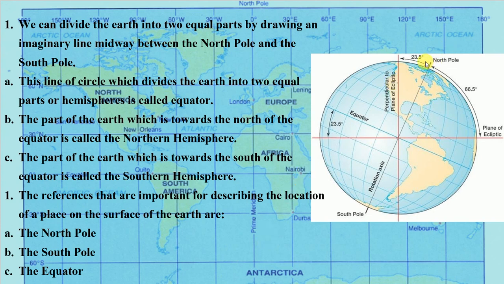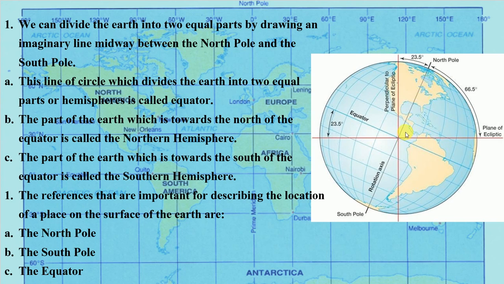If you take the north pole, you will see that the line drawn from it makes an angle with the equator, and this angle is 90 degrees. A perpendicular line from either the south pole or the north pole makes an angle of 90 degrees on the equator.